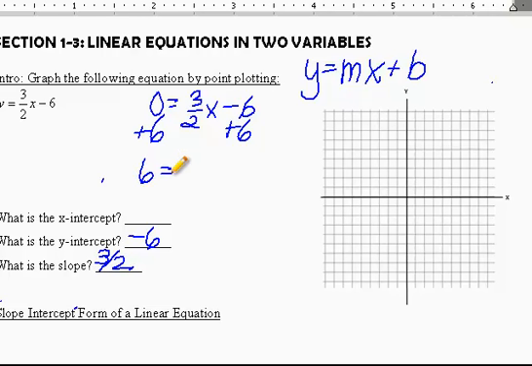So 6 equals 3/2 x. And please do not divide by a fraction. Instead of dividing by a fraction, you should multiply by its reciprocal. So the reciprocal that we're going to multiply by is 2/3. And if I multiply 2/3 on either side, you should get then that x is 4.